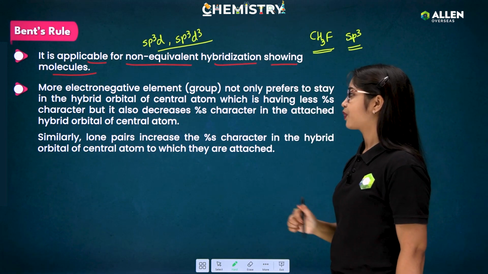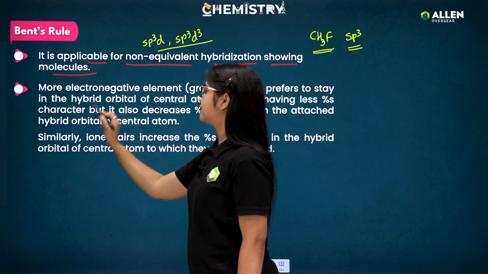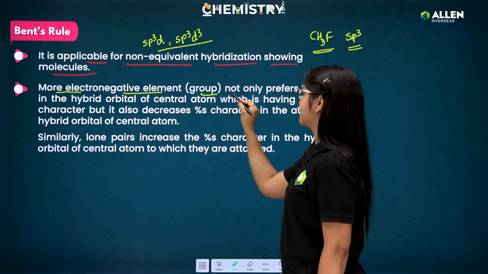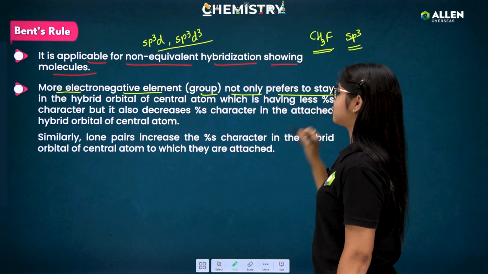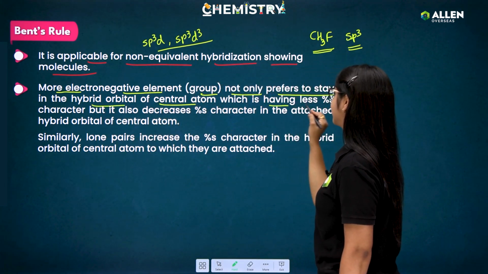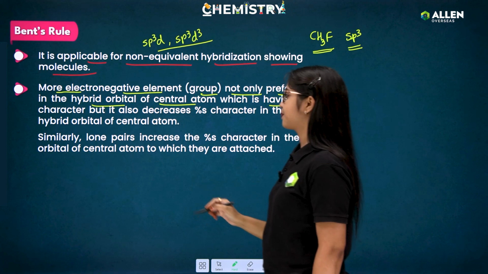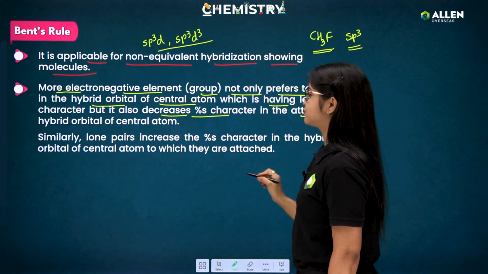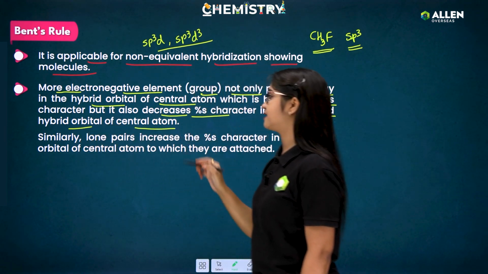Now the next point, more electronegative. According to this rule, a more electronegative element or group not only prefers to stay in the hybrid orbital of the central atom which is having less percent s character, but it also decreases the percent s character in the attached hybrid orbital of the central atom.